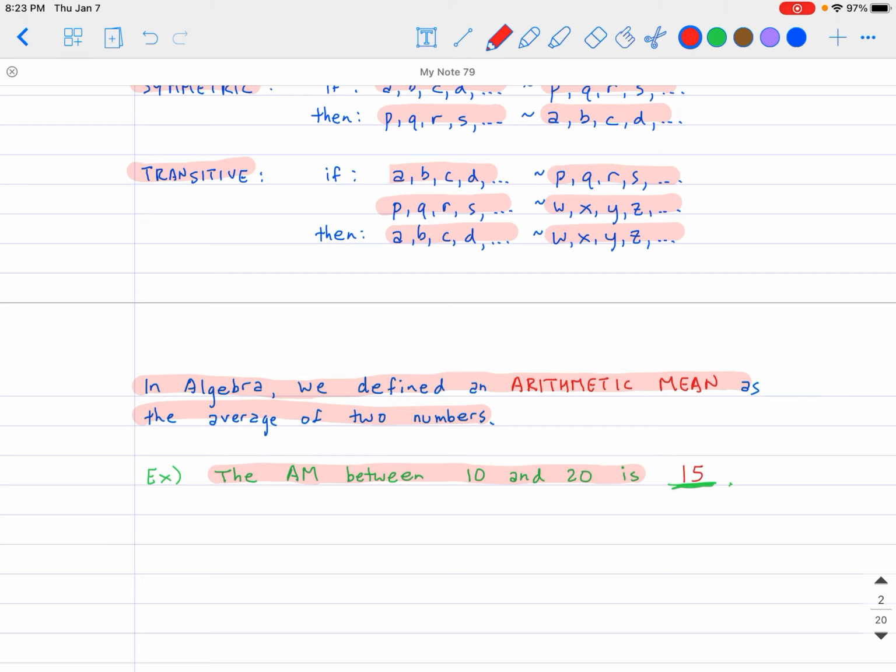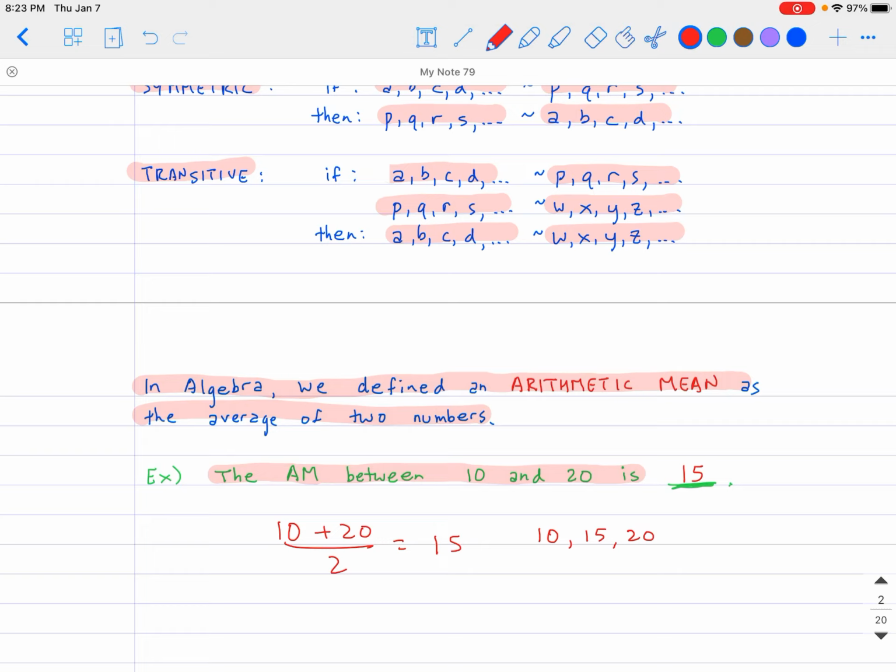How do you find the average between two numbers? We add the two numbers together and divide by 2. That's where the 15 comes from. And if we look at it as a sequence, you can see that 10, then 15, then 20 has 15 as the middle number that satisfies this.